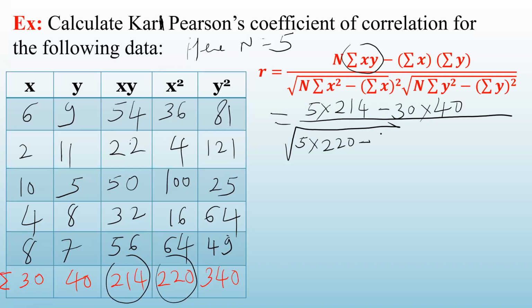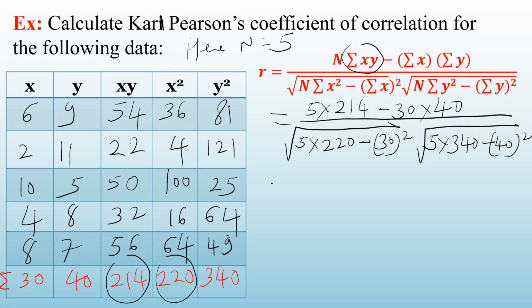Summation x is this 30, so it is 30 square. Next square root, capital N is 5 into summation of y square, which is 340, minus summation of y, which is 40, and the square of that.